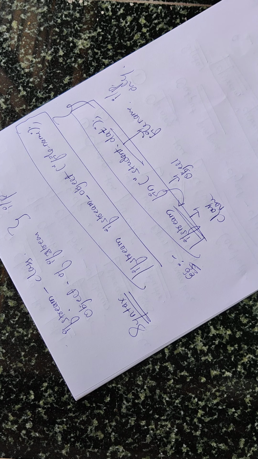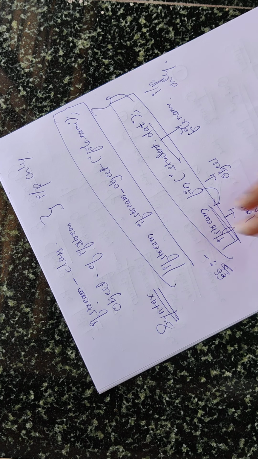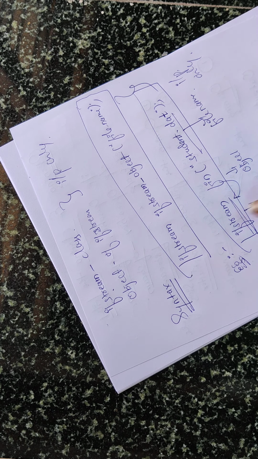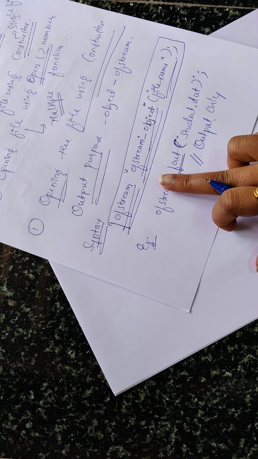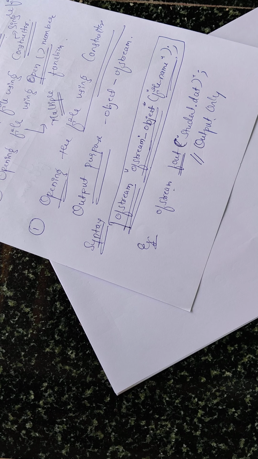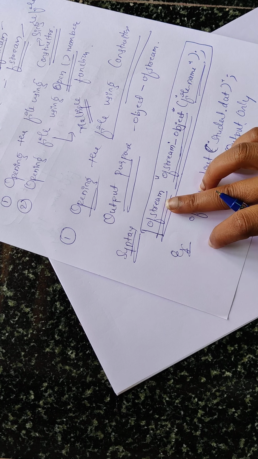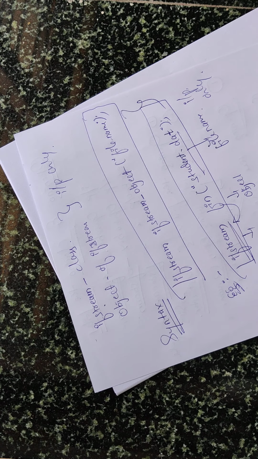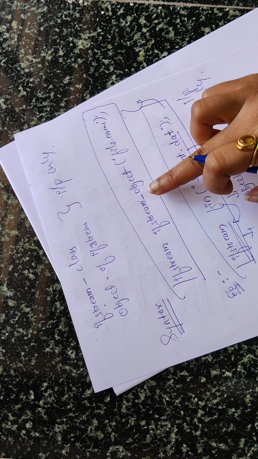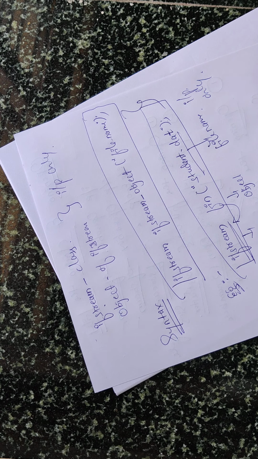This is the syntax when opening a file for input purpose, and the earlier one is for only output purpose. Just remember, output purpose means the ofstream class and we create its object, and input purpose means we use the ifstream class and create an object of that ifstream class.